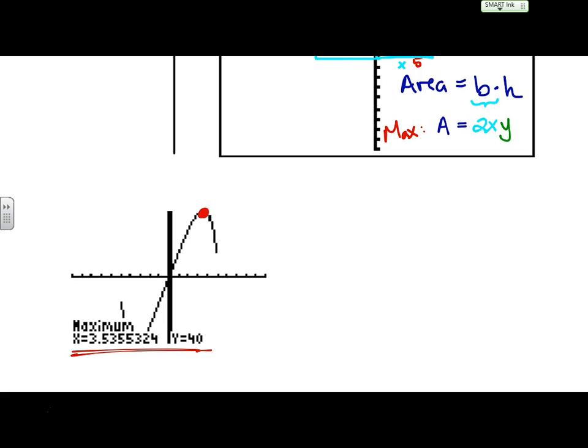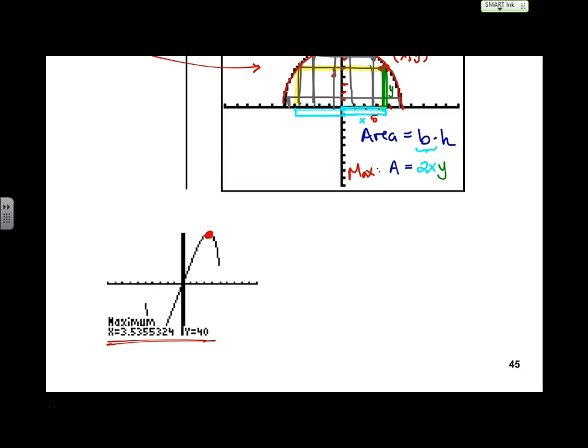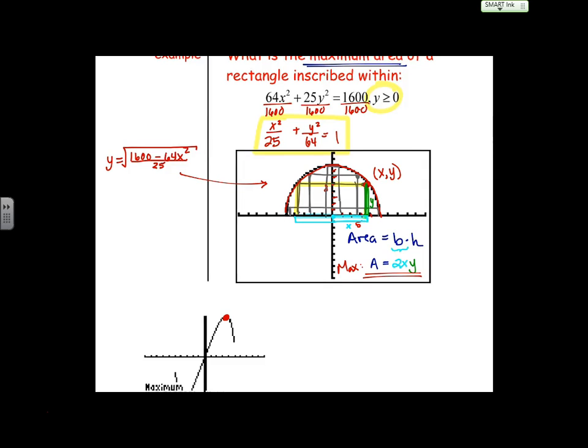But wait a minute, hold on. To do that, don't you have to have some function to put into your calculator? How do I take this area formula and get it to be an equation I can put into my calculator? There's way too many variables going on. What do we know about y?